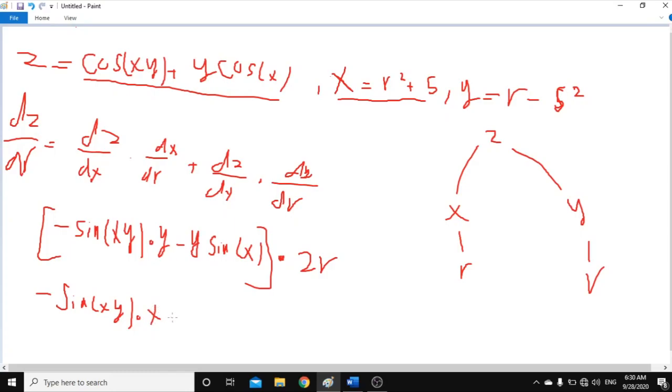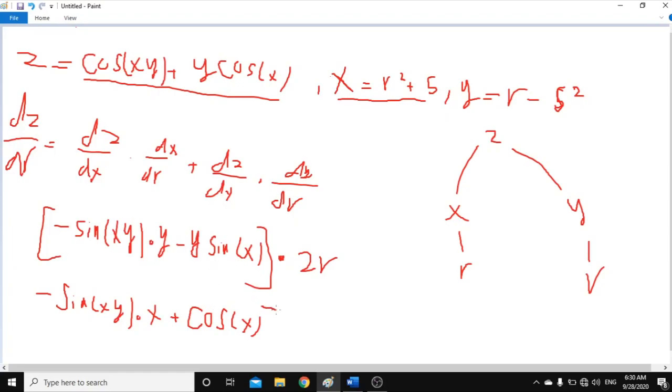Then negative also, we're taking with respect to y, so negative sine x, sorry, there is a plus cosine of x, because with respect to y the y here is equal to 1 and the cosine must stay the same.